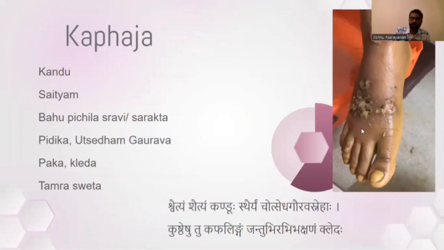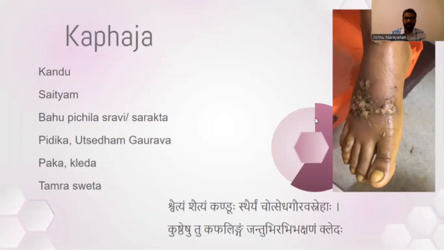Usually all the Pichila should have been removed, but still you can see how Pichila the Srava is. It is Shweta Varna, whitish discharges you can see, Kleda is there. So all these conditions you can see. Even though it is not a completely Kaphaja variety of eczema, still you can visualize how the Kaphaja variety can be presented.